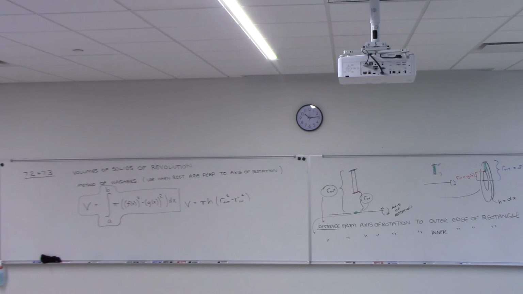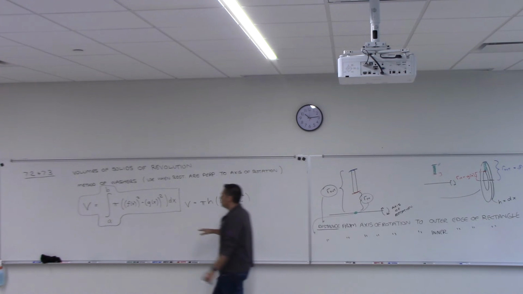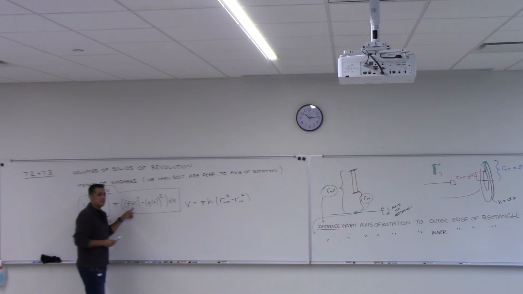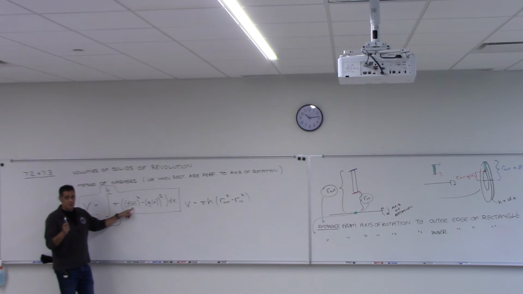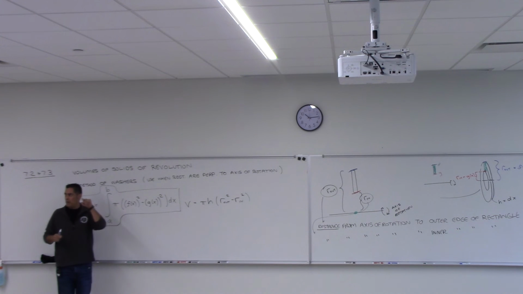Look at the formula that I have in that box. Do you see the difference between that formula and the one that's on the board in the box here? Yeah, so instead of saying f of x, it's not always going to be f of x. It's always going to be the distance from the axis of rotation to the outer edge of the rectangle. So in my formula, I don't call it f of x, I call it capital R sub O, outer radius.